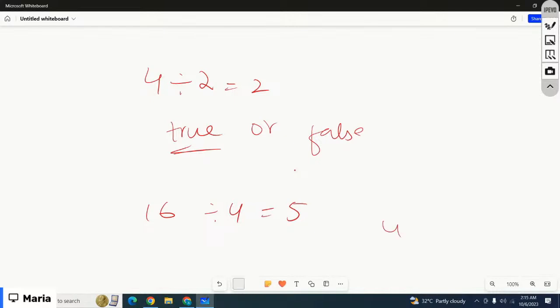Not 4 times 5. 4 times 4 makes 16. So that is false, right? The correct option is 4. The answer must be 4, right?